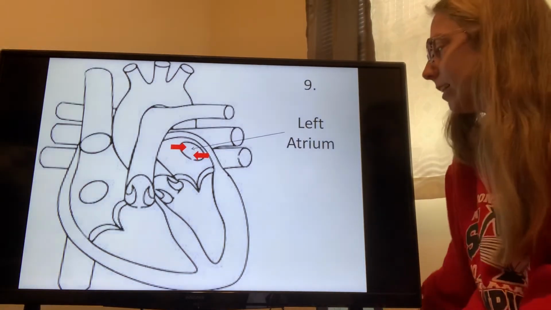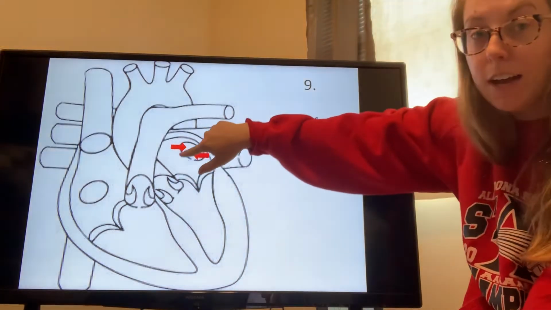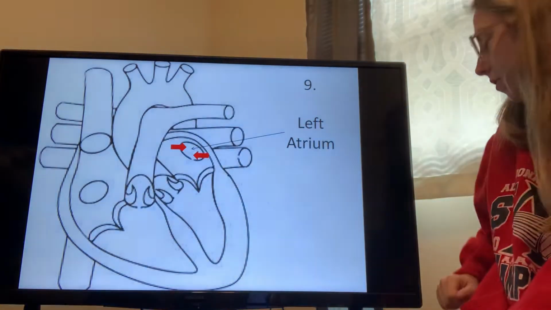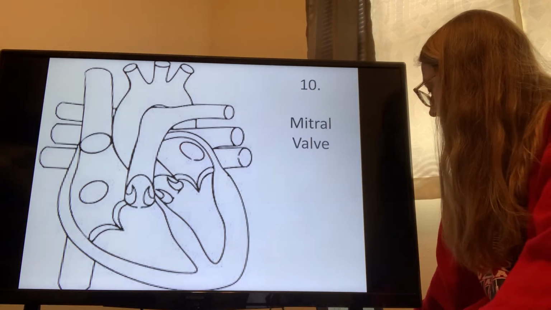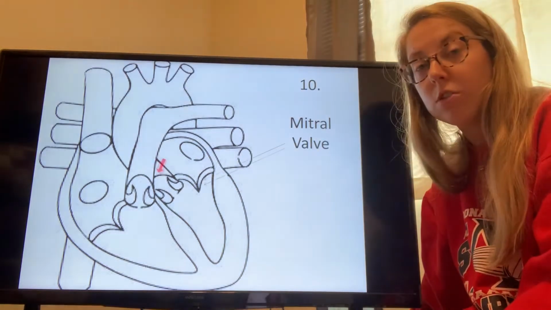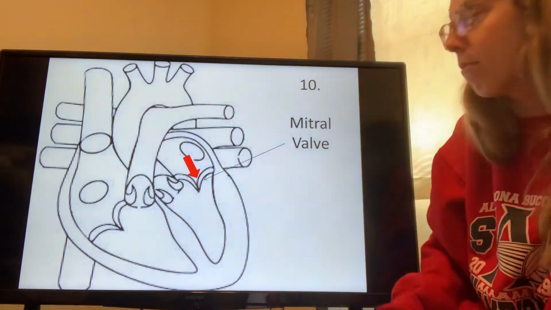Step 9 is the left atrium. Okay, so now we're on the left side of the heart. Okay, in order to go to the next place, to leave an atrium, I have to go through a valve.